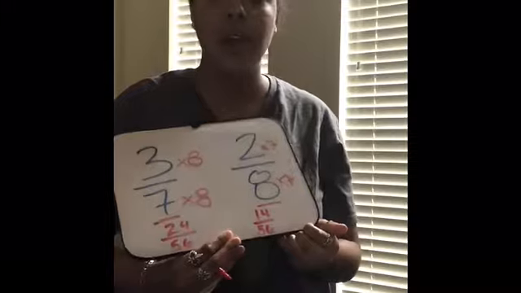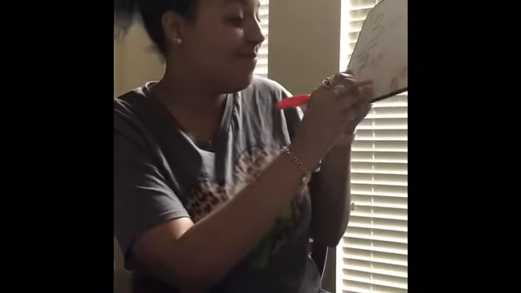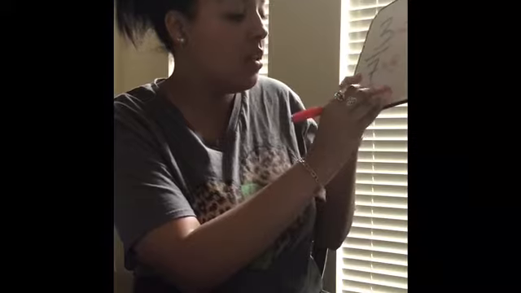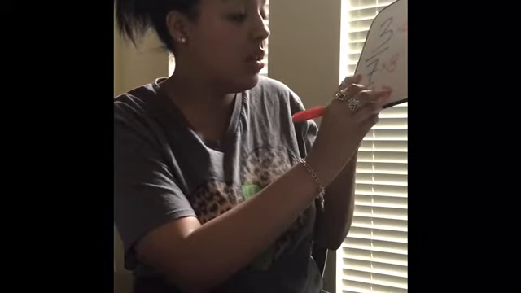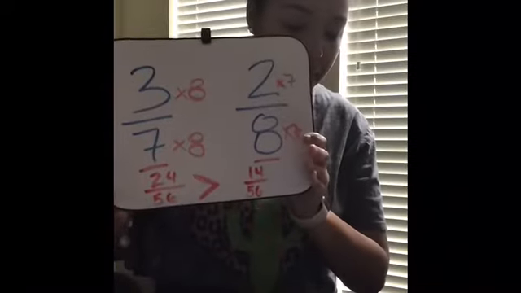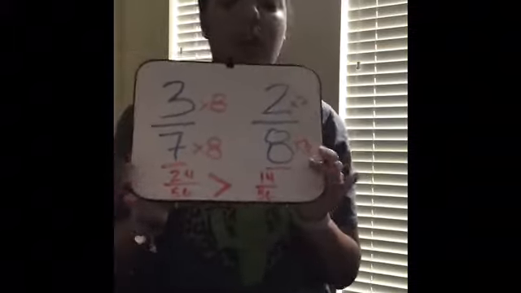So the alligator, or Miss Thomas, is going to want to eat the larger portion. Okay, so let's make sure our mouth is pointing like this. Okay, but we have to make sure that we're answering our question.